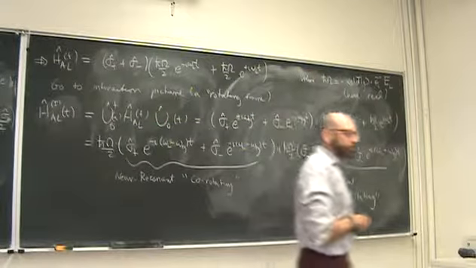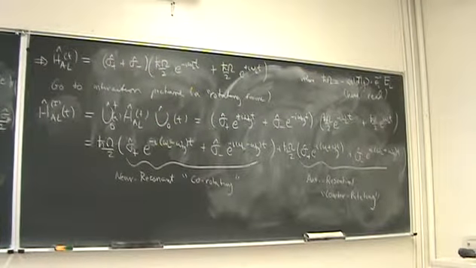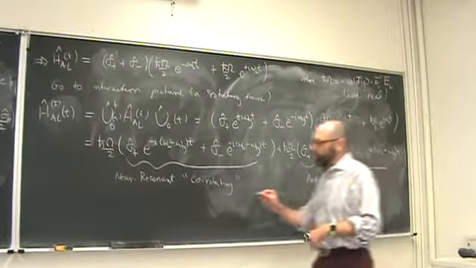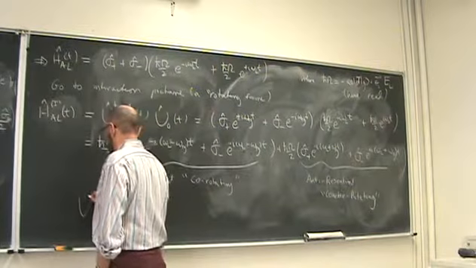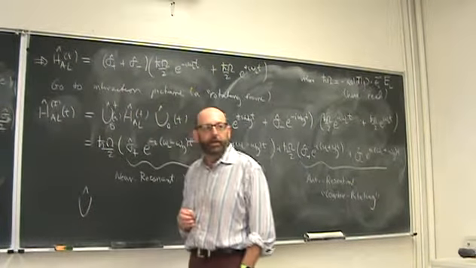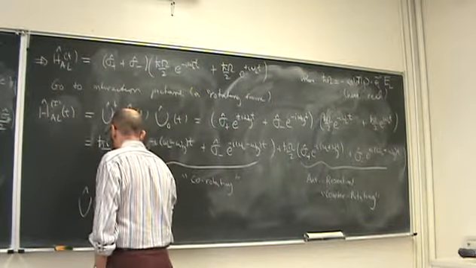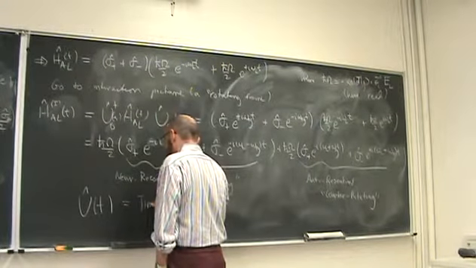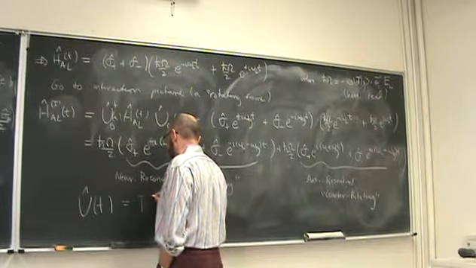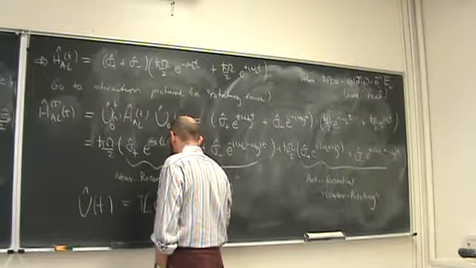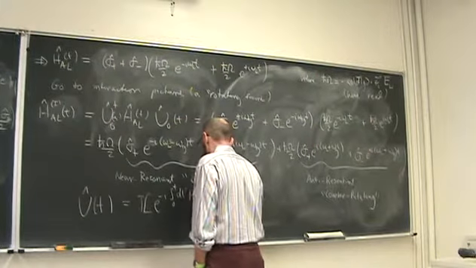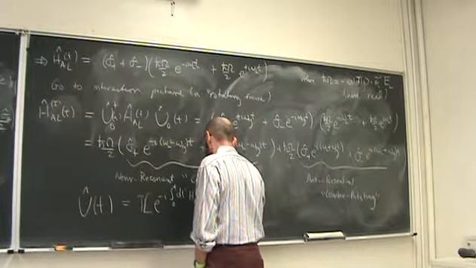Okay, so my claim is, when that's the case, that if I looked at the time evolution operator, the total time evolution operator, which you will remember is the time-ordered product of the exponentiation of the interaction Hamiltonian in the interaction picture.